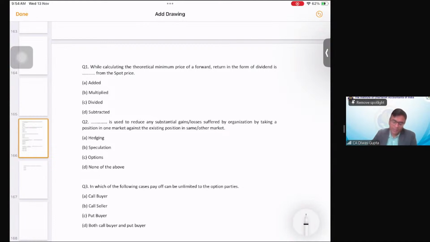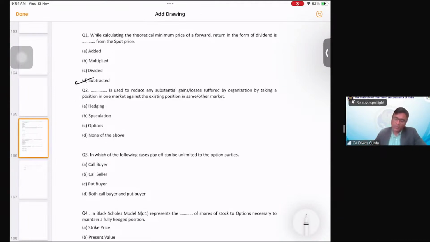So the question number 1, while calculating the theoretical minimum price of a forward, return in the form of a dividend is dash from the spot price. It's the easier one. Yes, very good. This is actually subtracted. Right? Today also we covered one question. Yes, so Nisha, Sahil. Yes, very good. Thanks for answering.